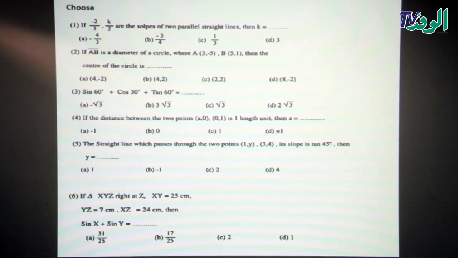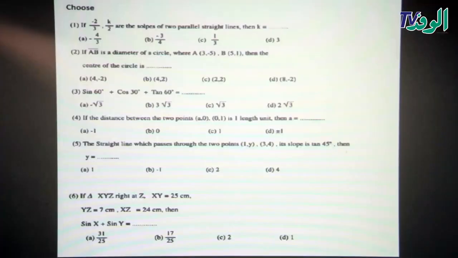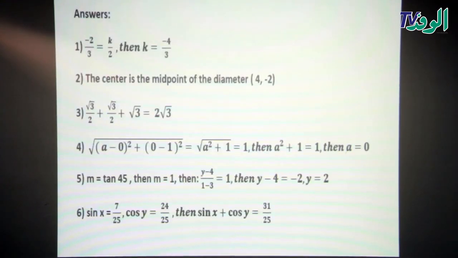Number 2. If AB is a diameter of a circle where A(3, -5) and B(5, 1). طيب لو خدنا بالنا ان الدايمتر بيبقى التو اندز بتوعه على السيركل والسنتر بيبقى the midpoint of the diameter. عشان كده الكوردينيتس بتاعت السنتر هتبقى هي الميد بوينت of the AB segment. فهنعمل x1 plus x2 over 2, y1 plus y2 over 2 to get the center. تعال نشوف عملناها ازاي. اهو the center is the midpoint of the diameter هيطلع 4, negative 2.